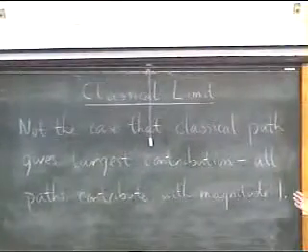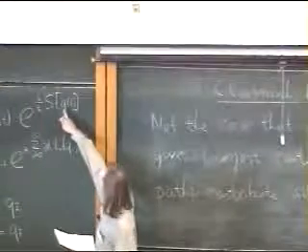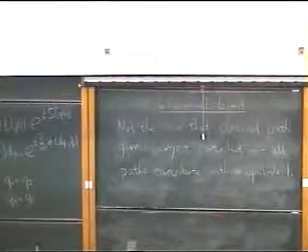So what we do to get classical mechanics is, let's look at what happens if we have the classical path in here. So perhaps it's worth just giving a brief overview.